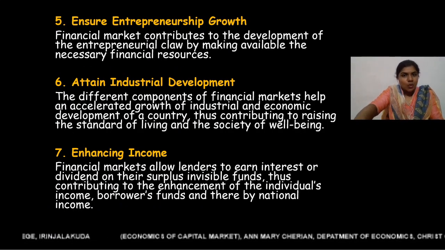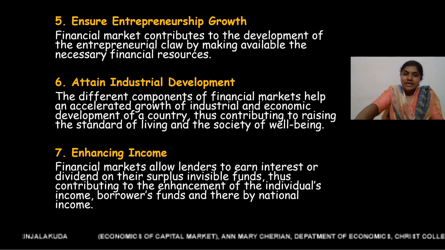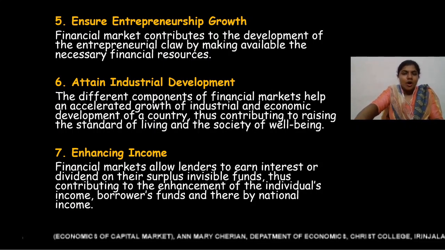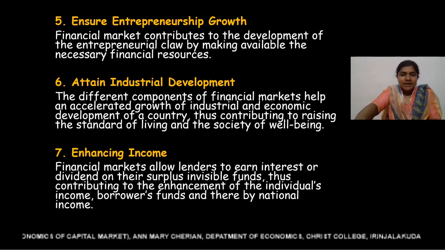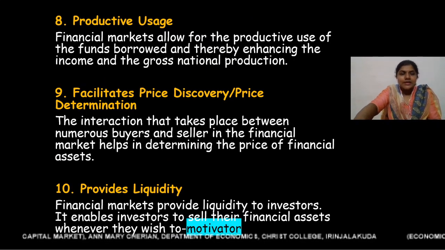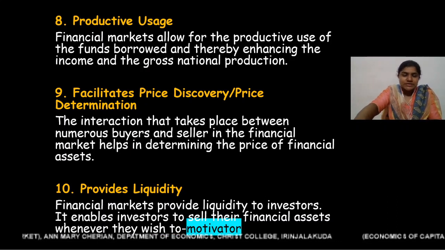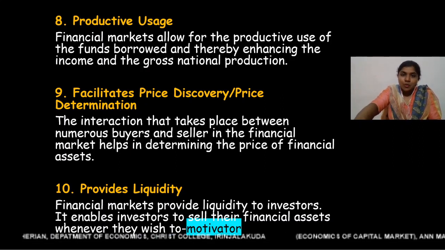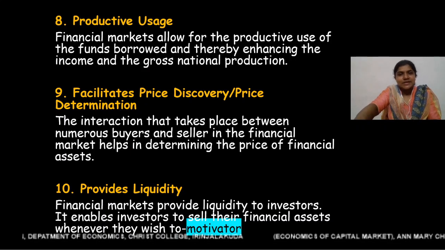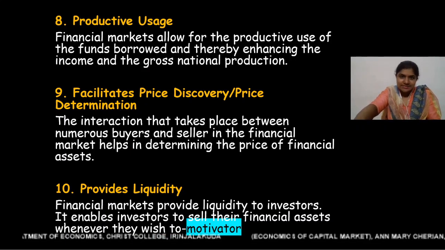It ensures entrepreneurial growth and it helps in attaining industrial development. It enhances income of both borrowers and lenders and thereby enhances the national income. It helps in channelizing the resources to productive channels. Then it facilitates price determination and it provides liquidity to investors in financial assets.